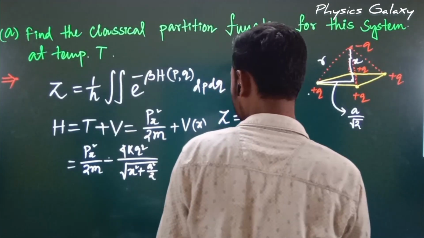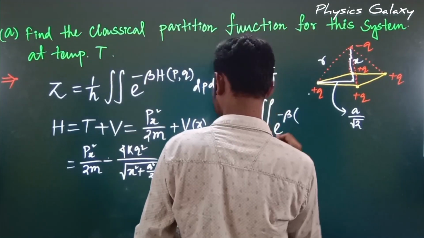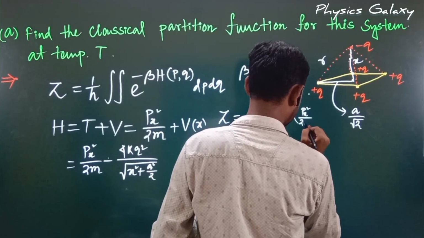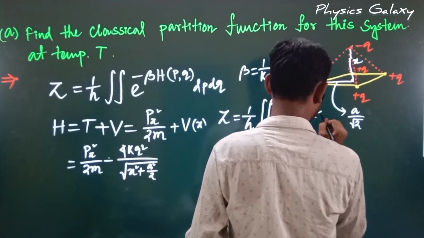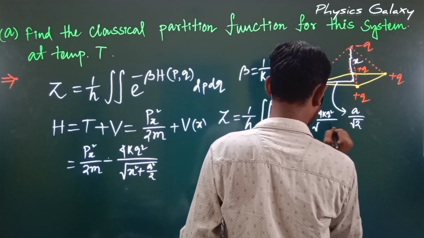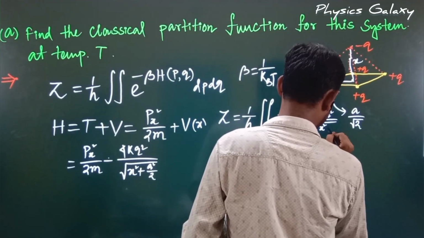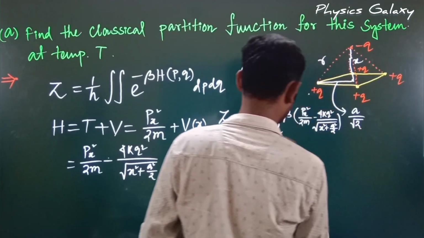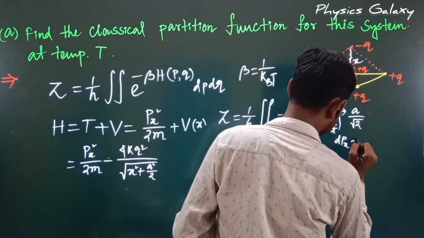And the Hamiltonian is nothing but px square by 2m minus 4kq square divided by under root of x square plus a square by 2, and dpx dx.